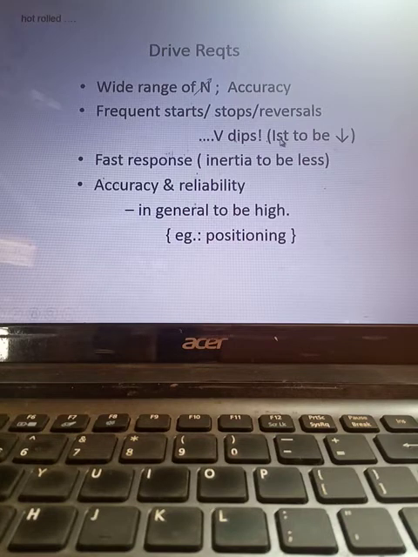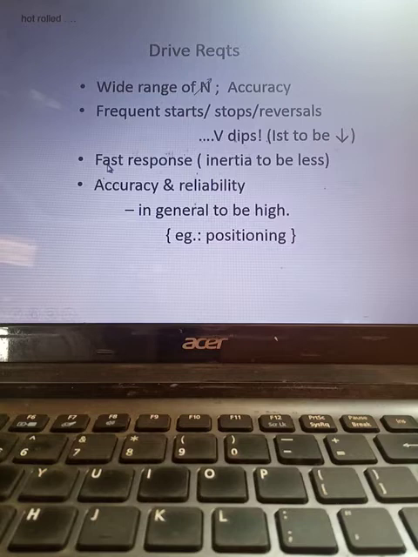Immediately, what comes to our mind? Voltage dip is a problem, the supply voltage profile gets affected, and the very high starting current affects the motor and also the grid. Hence, there is a need to control the starting current. So the drive requirement is that the starting current should be as low as possible.